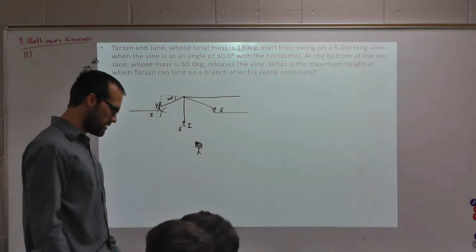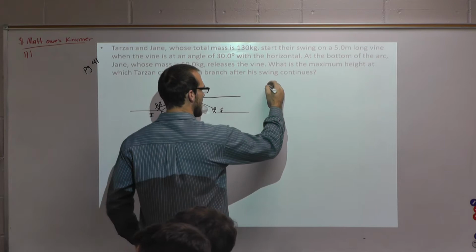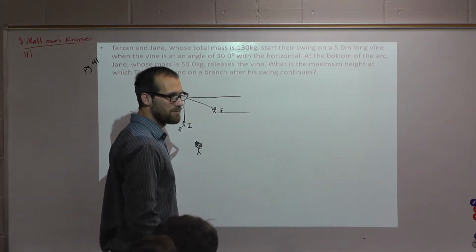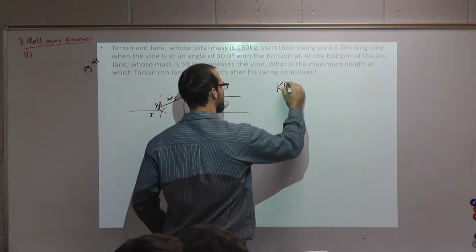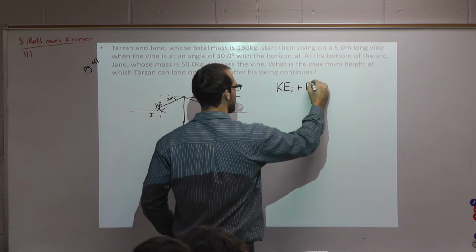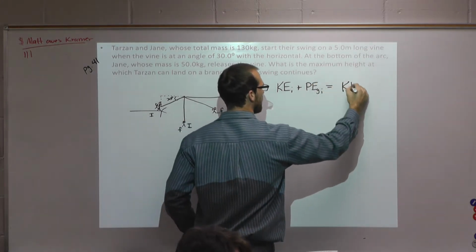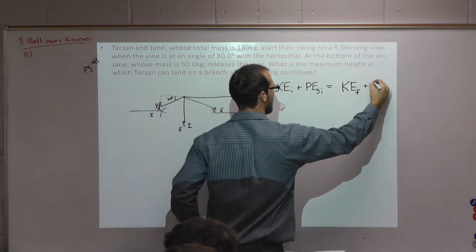Okay, let's talk about the first situation here. Now, we're going to assume that this vine does not stretch. So no elastic. And there's no kinetic energy initial. So it's PE equals KE, in most cases.